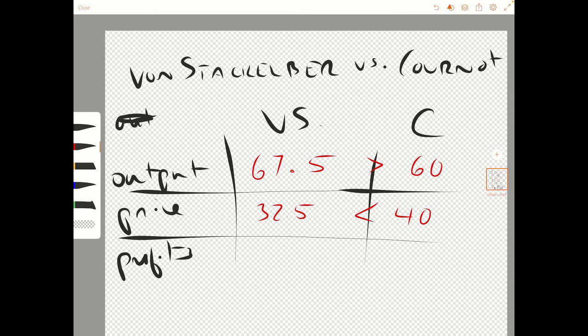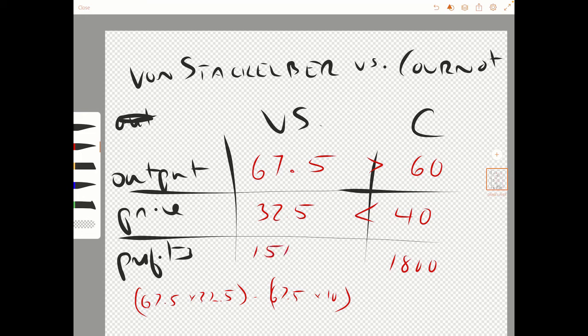And when we look at profits, we already figured out the profit for Cournot. We saw that that was 1,800. For Von Stackelberg, we take the price times the quantity. We're just going to look at the market quantity here and subtract the marginal cost, which is the same for both firms, times the market output. So we take 67.5 times 32.5 and subtract 67.5 times 10.